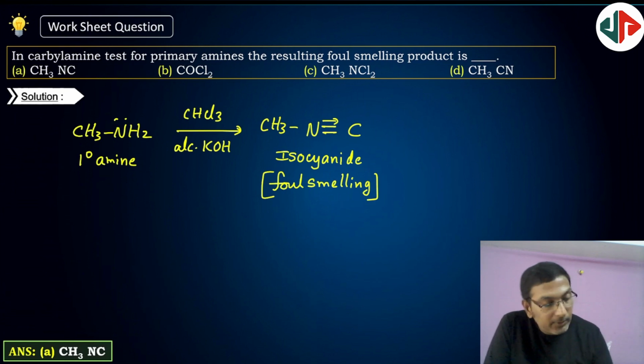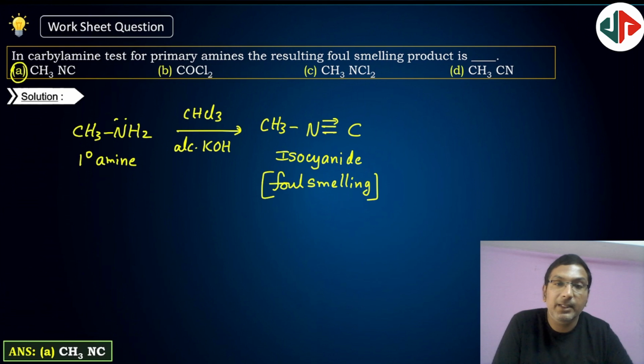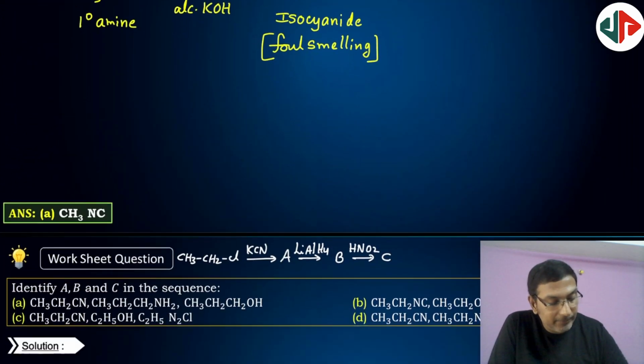So therefore option A. The foul smell is due to formation of isocyanide. This is nothing but the carbylamine test for primary amines, whether aliphatic or aromatic. Next.